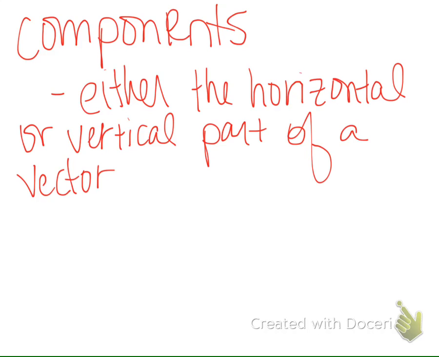Okay, so vectors that we look at have to be the sum of some vertical portion and some horizontal portion.